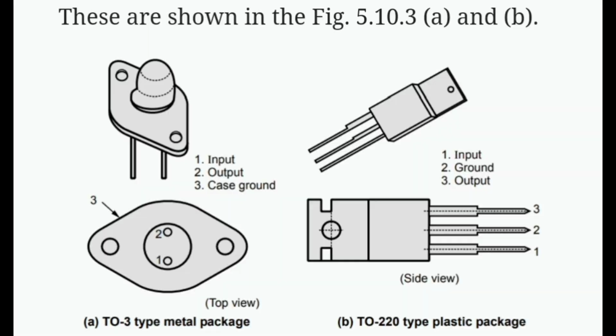The high power versions are packed in TO-3 type metal cans or in TO-220 type molded plastic packages like power transistors, which are shown in this figure. So you can see the first has 3 pins. One is input, another is output, and the other one is ground.